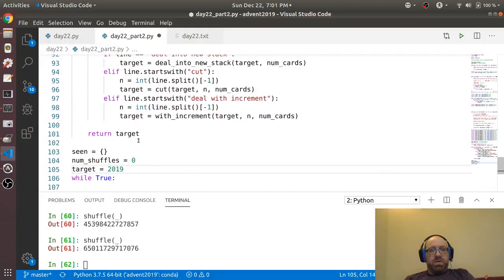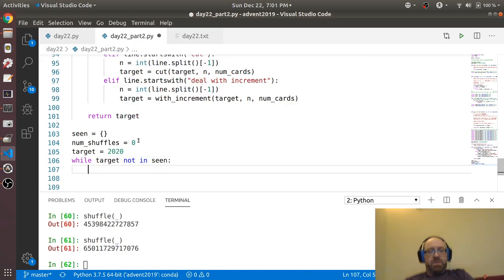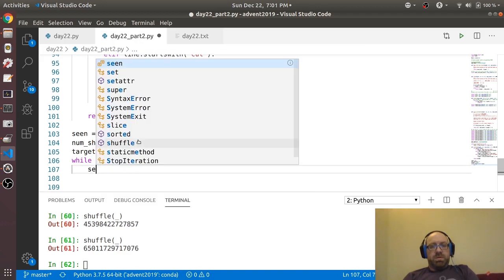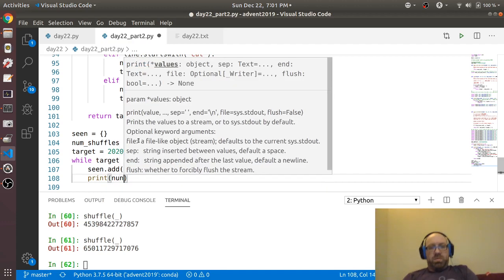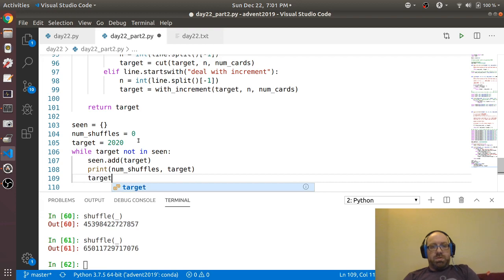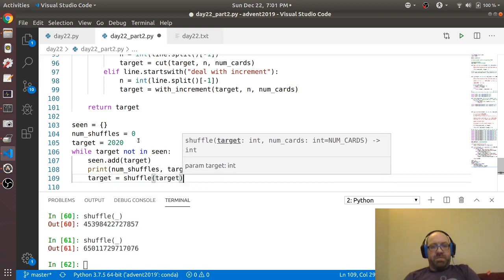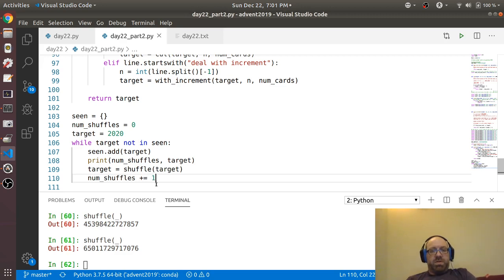Okay. So target equals 2020. While target not in seen, seen dot add target. Print num shuffles, target. Target equals shuffle target, num shuffles plus equals 1. So let's run this and see what happens.